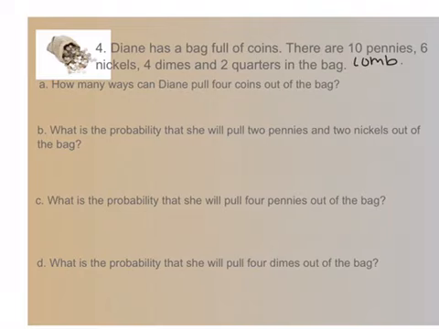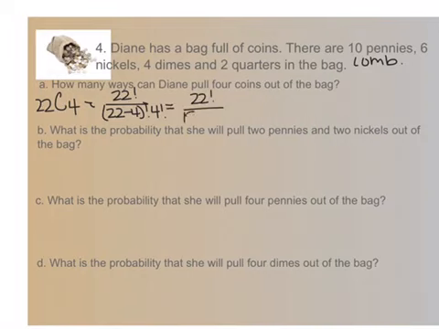So we have 22 total coins, and we're going to choose just 4 of them. So when I do that, that gives me 22 factorial divided by 22 minus 4 factorial times my extra 4 factorial. So I get 22 factorial divided by 18 factorial 4 factorial.